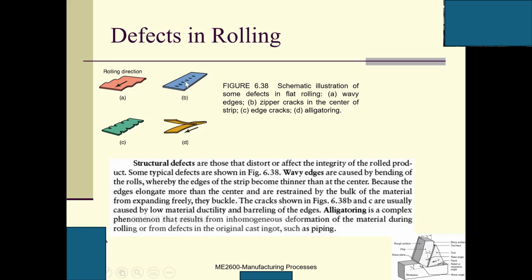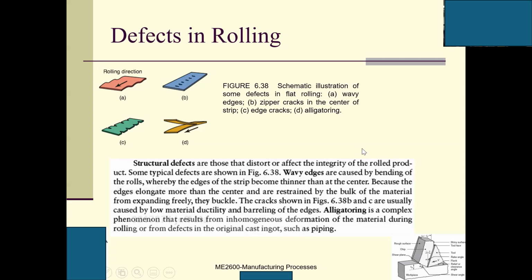The second one is cracks in the center of the strip. Here. Okay? The third one is edge cracks, here on both of these two sides, two edges. And the fourth is alligator, the mouth open. It is the mode 1 crack. This is open, alligator. These are the four commonly seen defects in rolling.